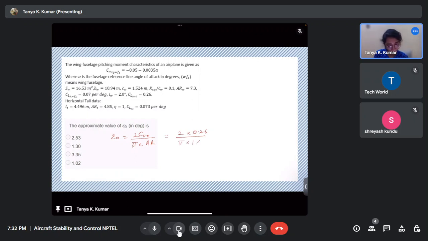Aspect ratio is 7.3, and then you get, this is in radians, okay, so you get 0.22 radians. When you convert it to degrees, you get 1.3 degrees. Perfect, right. Next question. Calculate the tail incidence angle in degree required to achieve Cm naught tail.